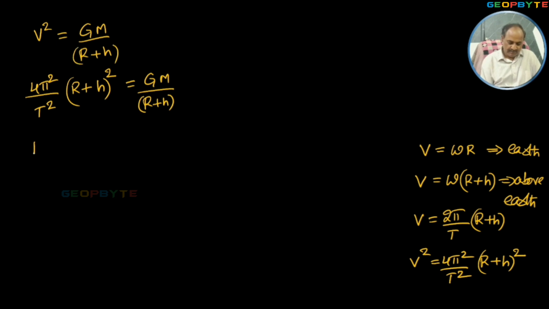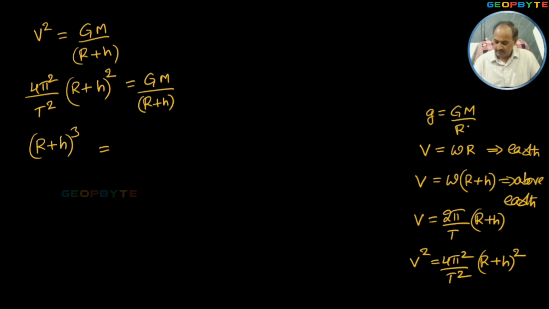From this T square equal to, otherwise he is asking height, one minute. Let me write it clearly. (R plus h) whole cube equal to, you know, g equal to GM by r square, from this GM equal to g r square.